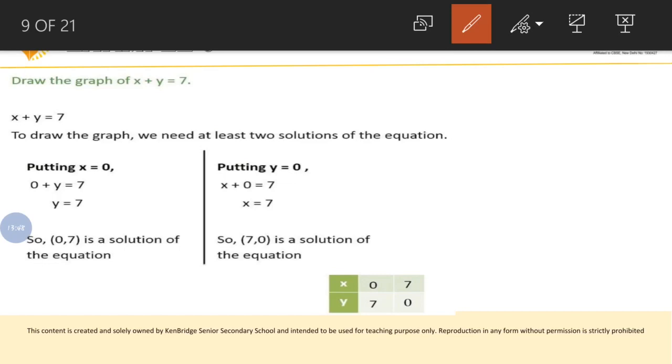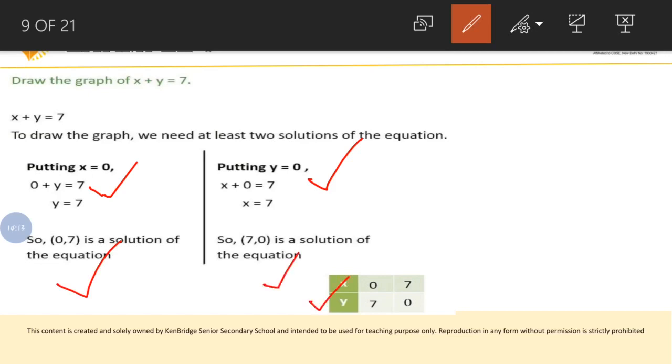Then likewise you imagine some values for the given variables, okay? So here also we take x as 0 and y as 0. When you take x as 0, you will get y value 7. When you take y as 0, you get x value 7. So here (0, 7) is a solution, and here (7, 0) is a solution.